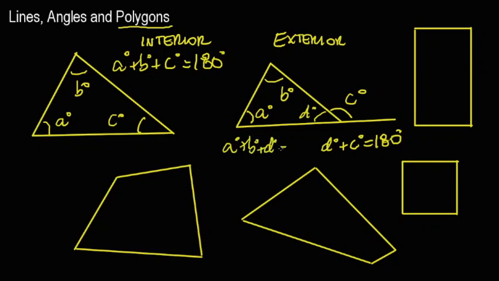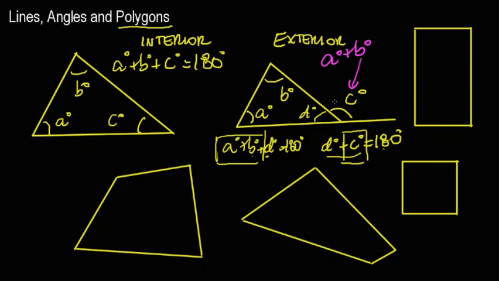plus D should be 180 because this is the sum of the internal angles of a triangle. So if D plus C is 180 and A plus B plus D is 180, then A plus B has to be equal to C. So this basically means that this angle will be A plus B. So the exterior angle of a triangle is the sum of the internal opposite angles.